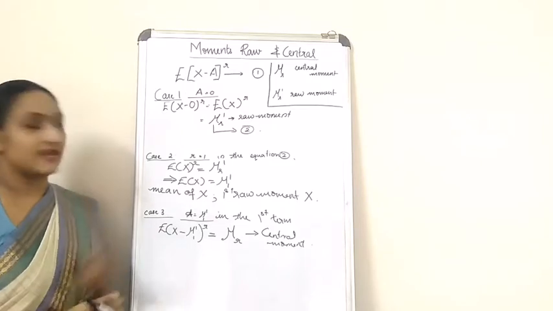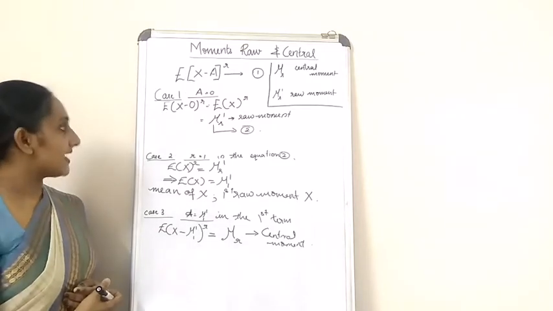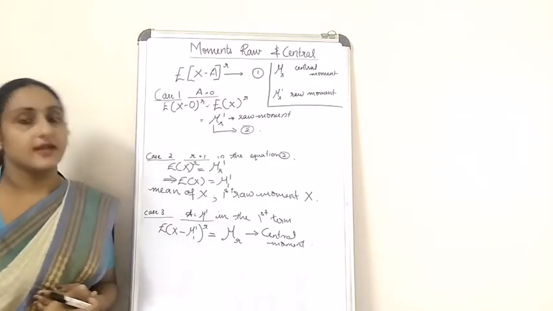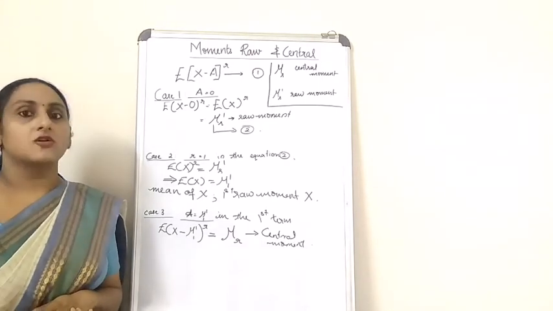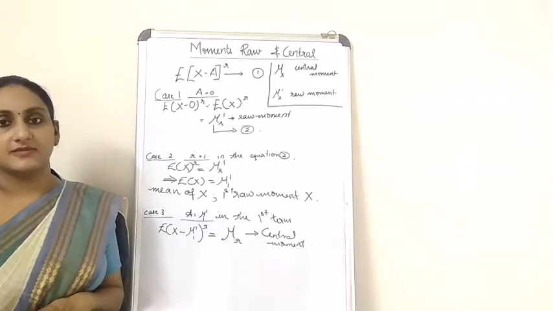So this is case 3. Now we have three cases, and with this we are going to find out whether there is any relationship between the raw moments and the central moments.